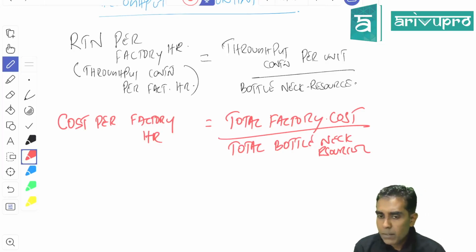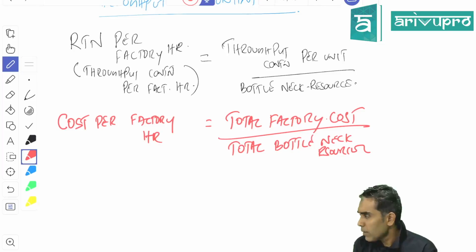Total factory cost divided by what? Total bottleneck resources. Is that understandable? Is that clear?